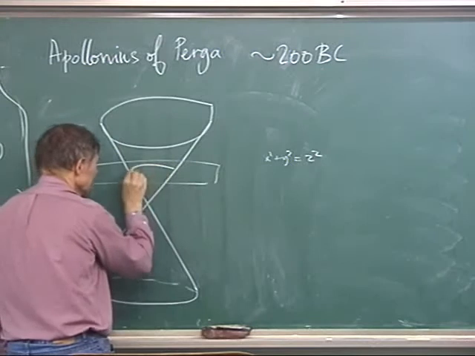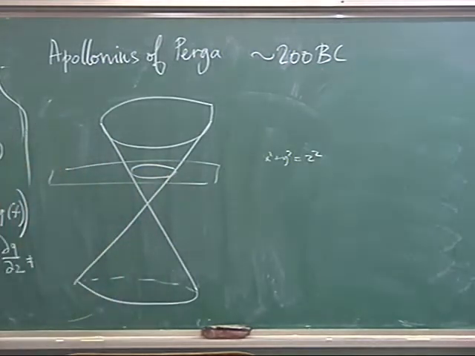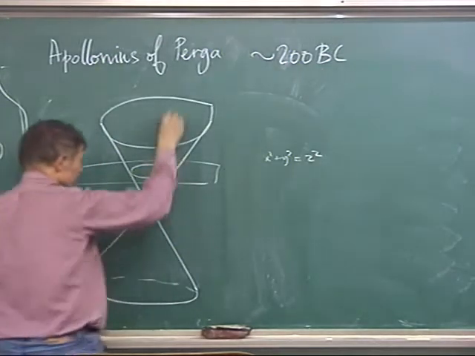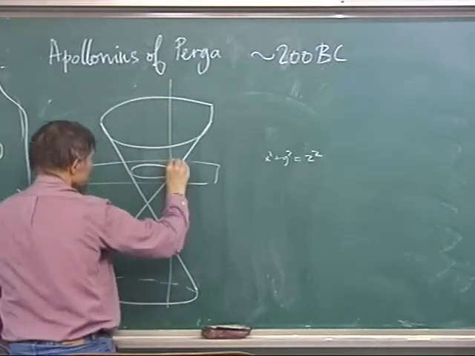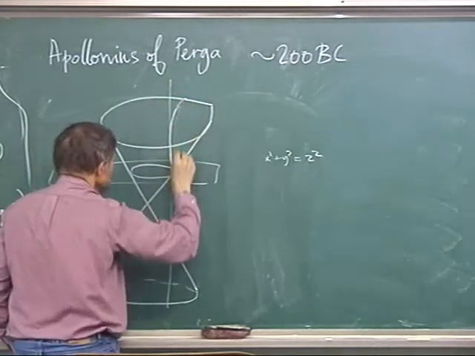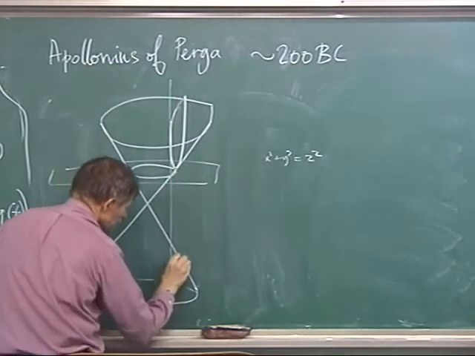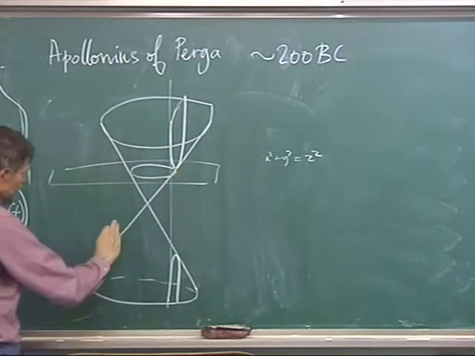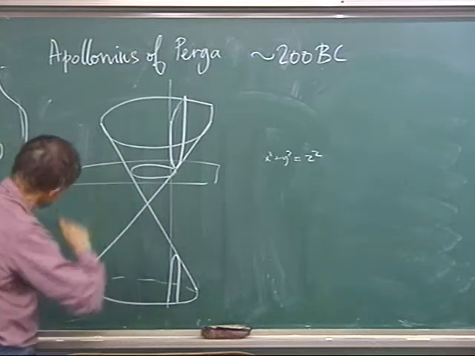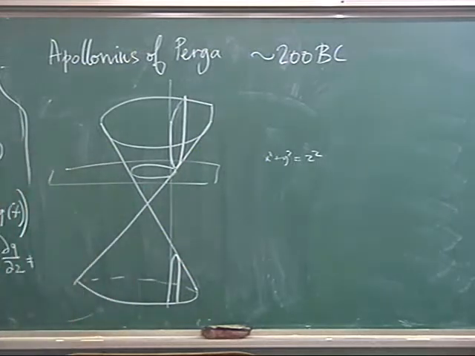I see an ellipse. I cut it by a plane that looks like this, and I see a hyperbola. Or if I'm clever, I can also make a parabola. How do you make a parabola out of this?